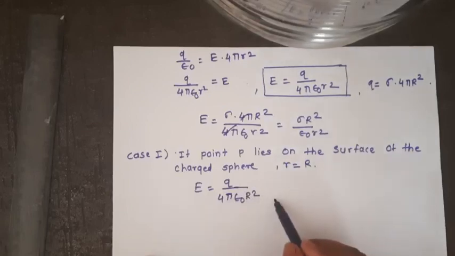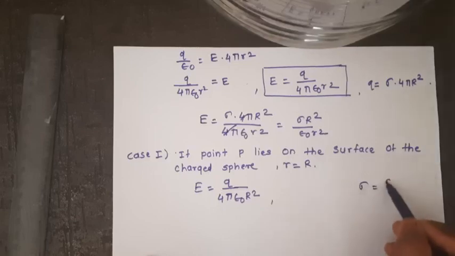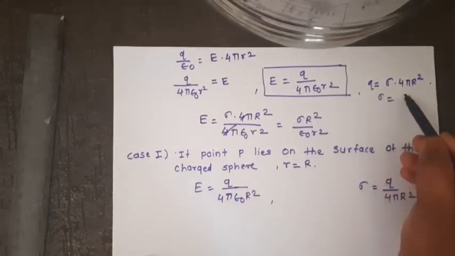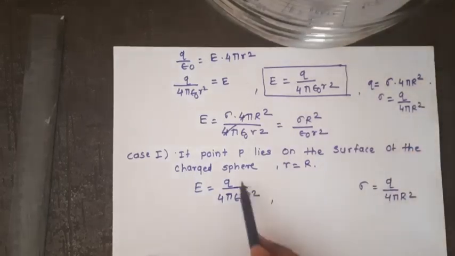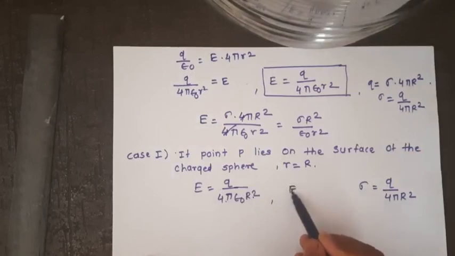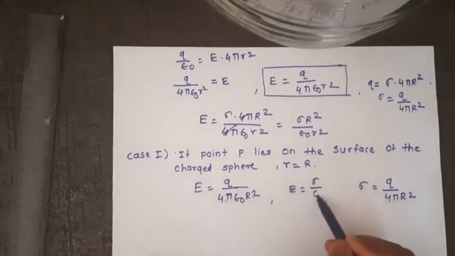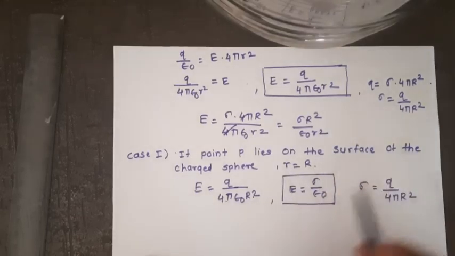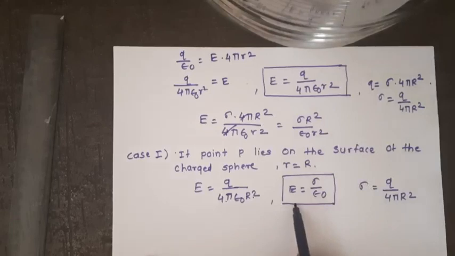But we know that sigma is equal to Q upon 4 pi R square. So the equation becomes E is equal to sigma upon epsilon 0. If the point lies on the surface, then the electric field is sigma upon epsilon 0.